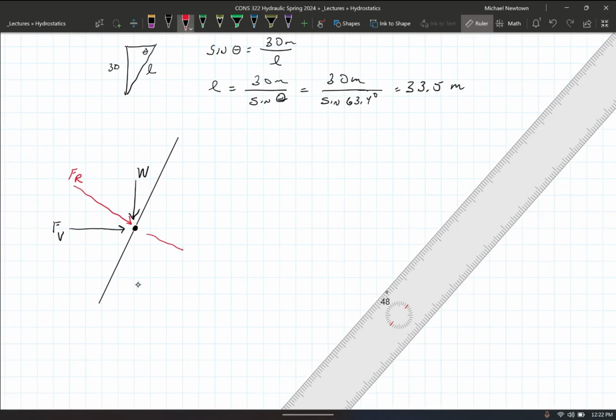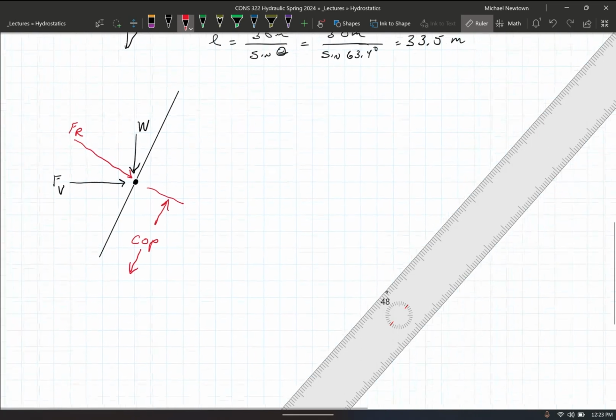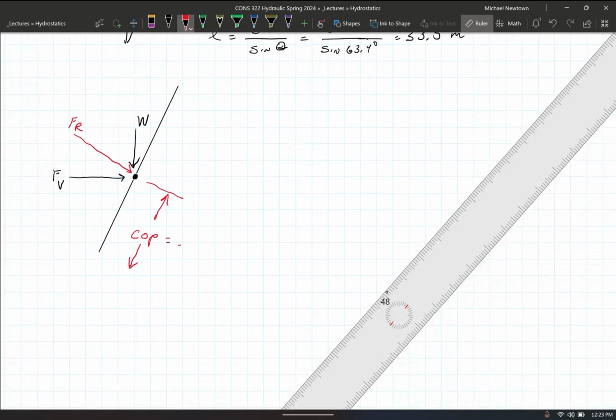And I'm going to know that my center of pressure is this distance up here, and that will be labeled LR when I have an L equal to 33.4 meters.